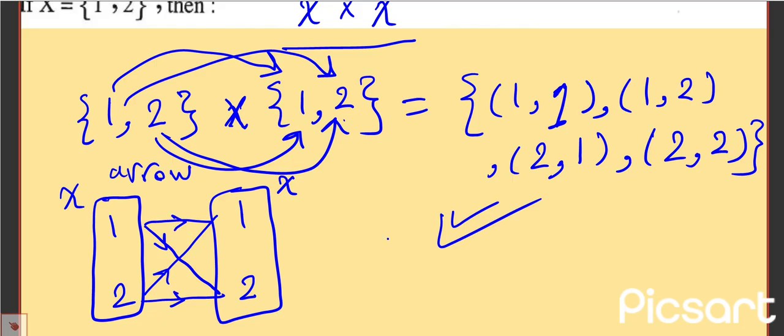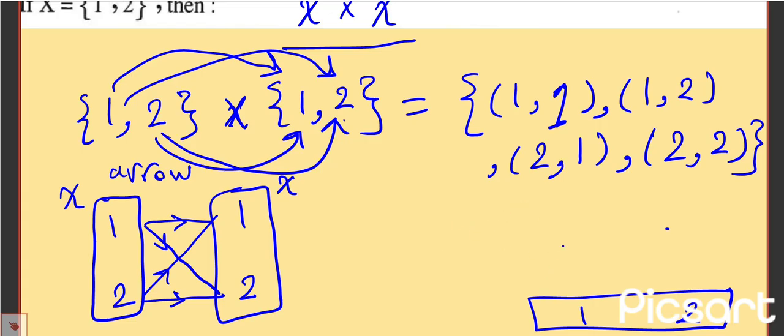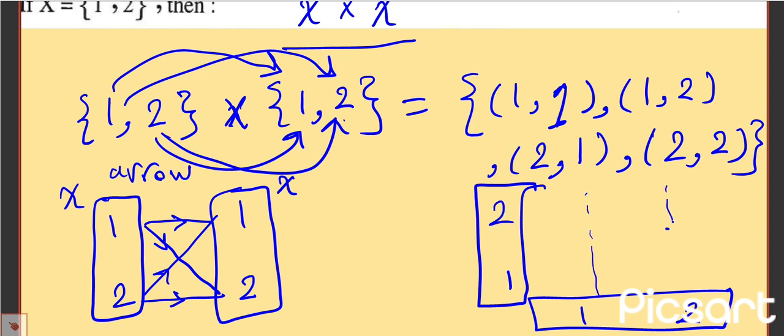And then the graphical or Cartesian diagram, you know this. This is very easy. 1 and 2 horizontal x and vertical x. I will be here at 1 and 2, and then lines. This point is 1 and 1.